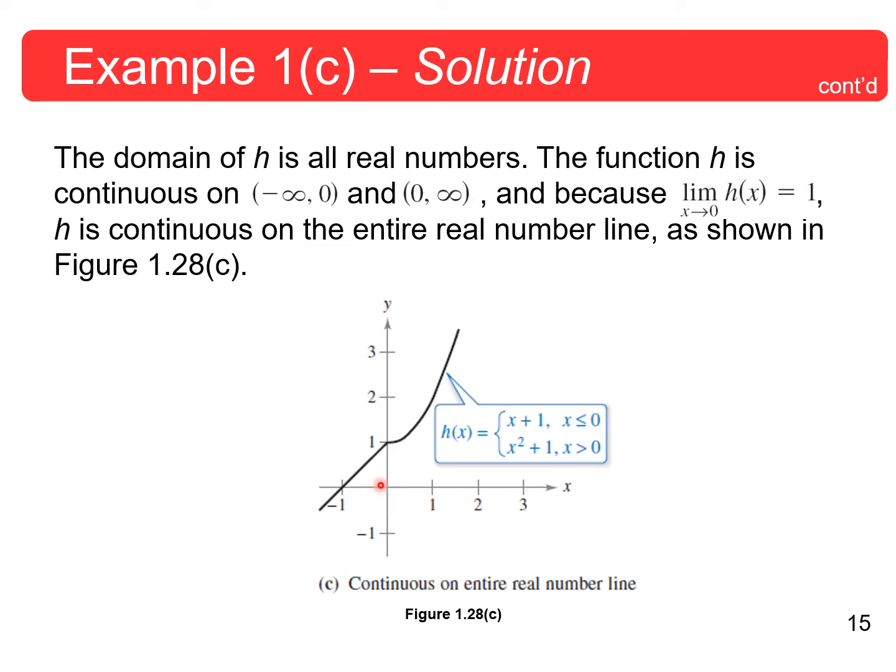So the function is defined for all real numbers, and the function is actually continuous from the left at 0. So there's actually no break or hole in this case. So we have a function that is continuous on an entire real number line.